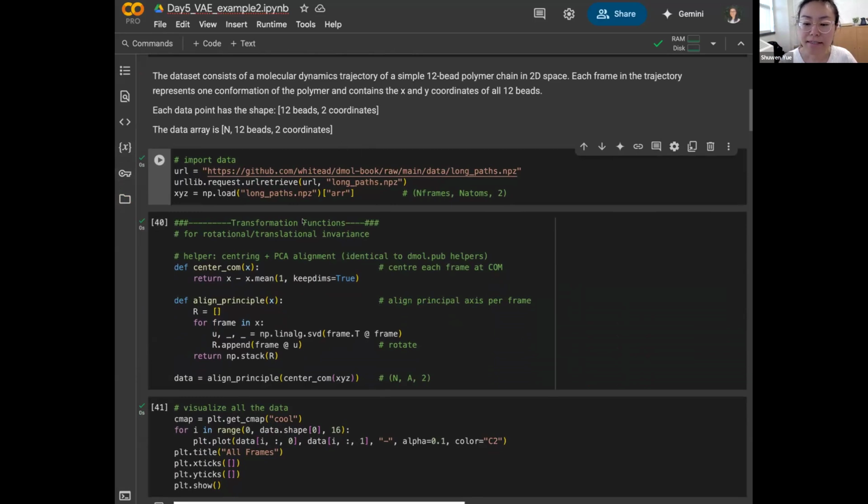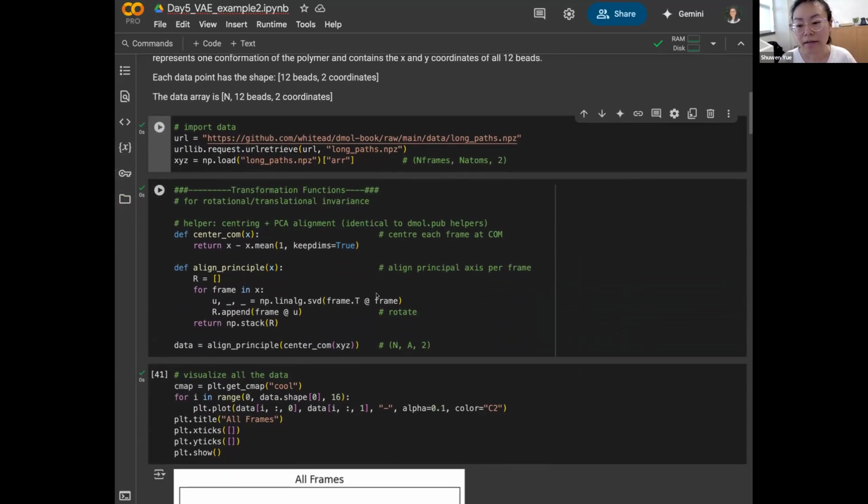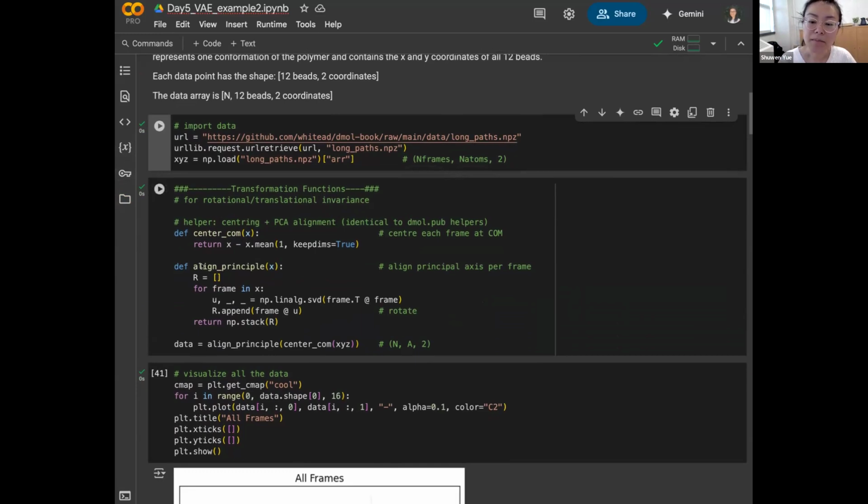Okay, so this is just that data set, and then we're loading it into XYZ as an array. This set of functions is simply that translational and rotational invariance I just talked about. We're removing any translation. If you have these XYZ coordinates and we rotate and move it as a rigid body, we're removing those differences such that the machine learning model reads them as the same.